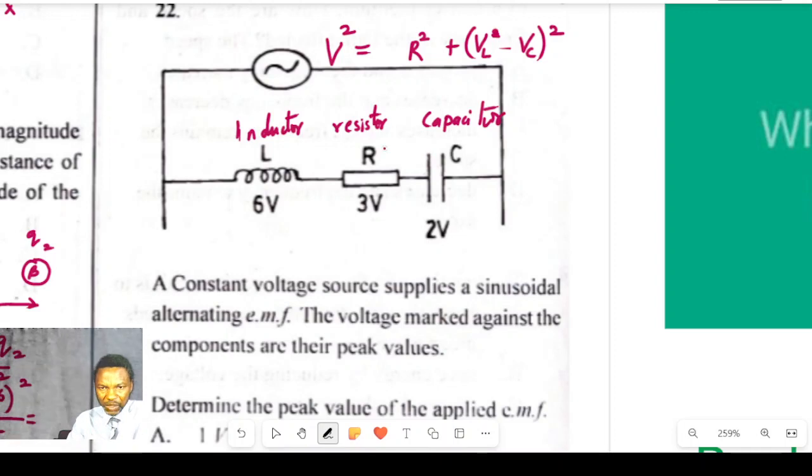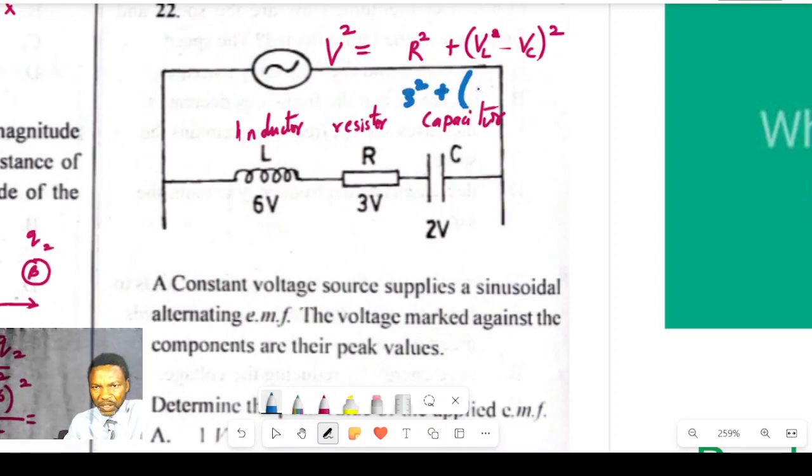So if we substitute that, R, which is going to be, let me just use a different color and then we can solve on that. So we have 3 square plus 6 take away 2 all square. So that will be 3 square plus 4 square, which is equal to 25.